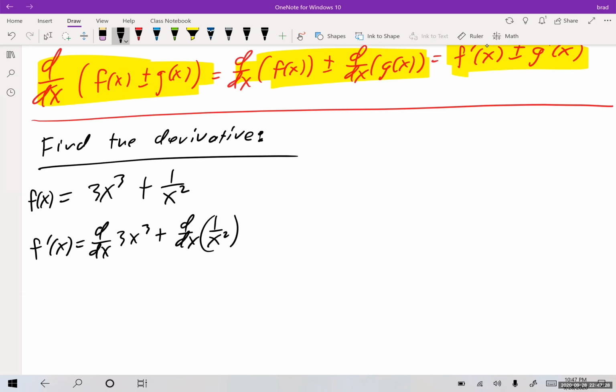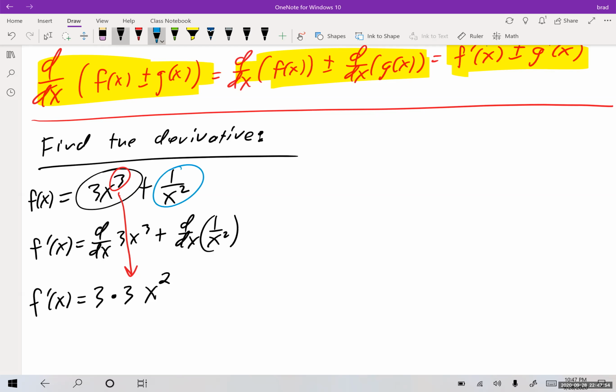So we have 3, that's the constant, and then we're going to move the power to the front, 3, right? Now we have to rewrite x and reduce the power by 1, so it'd be squared. Now don't forget, this is actually x to the -2.